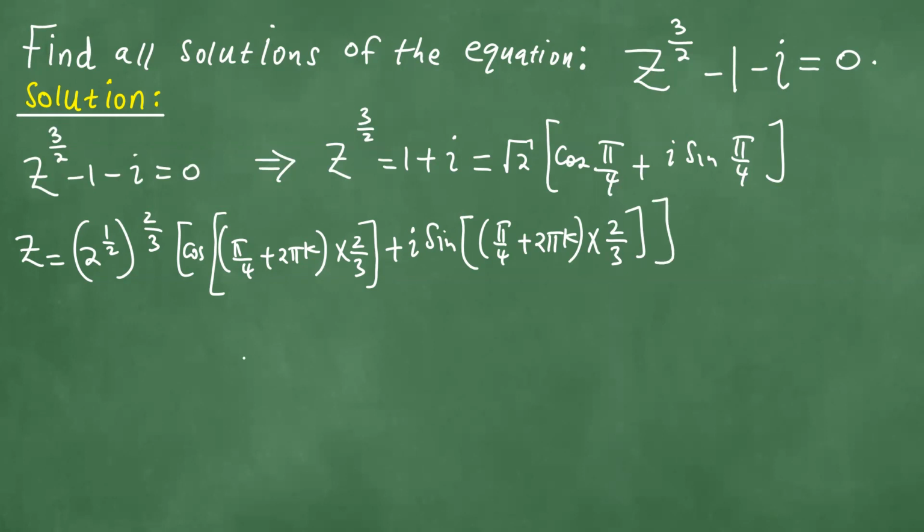We close the parentheses that way. Right, realizing that the 3 in the denominator of the fraction here says this is true for k equals 0, 1, then 2.